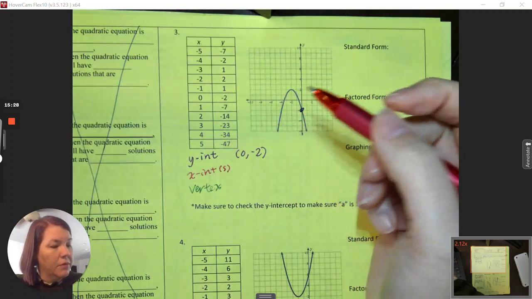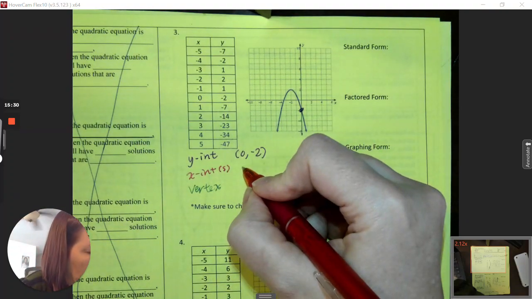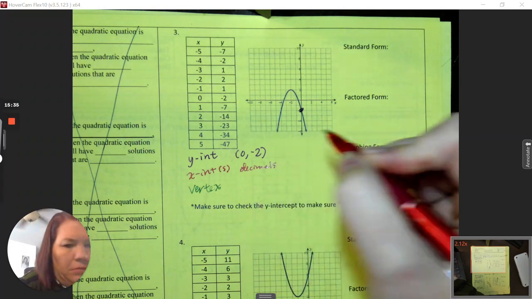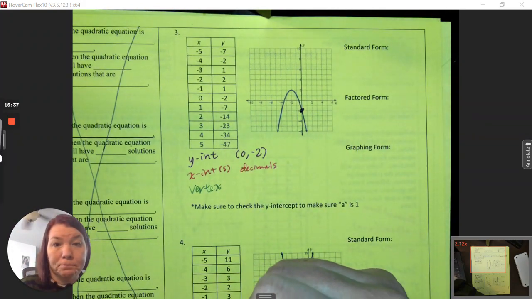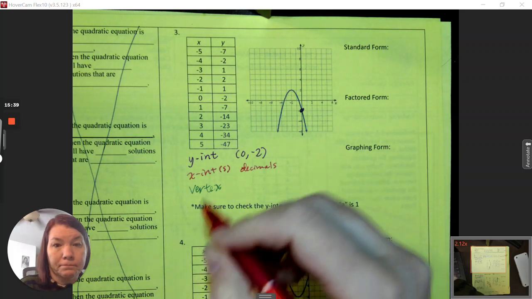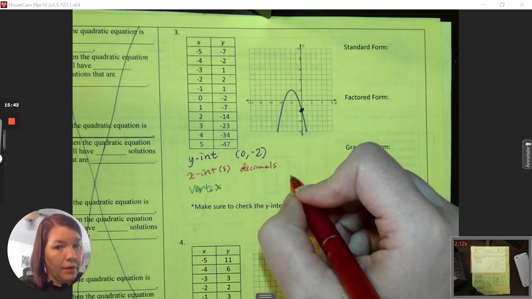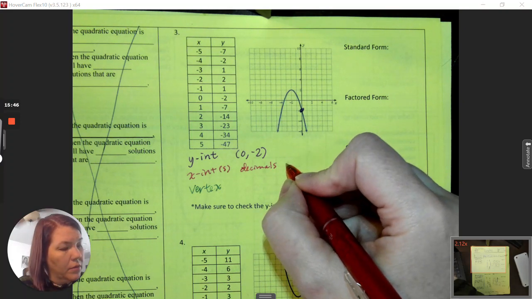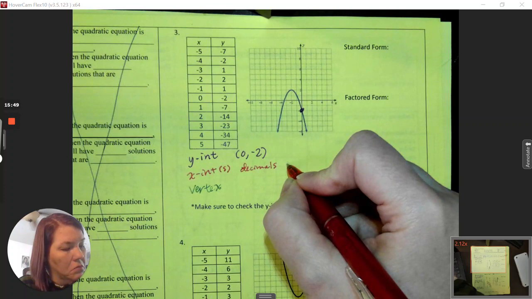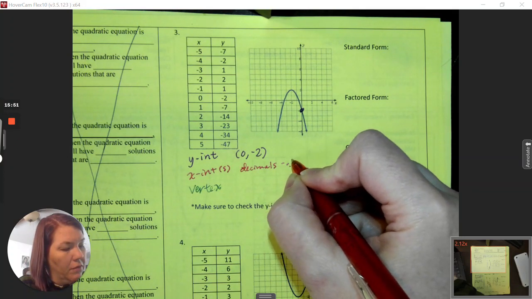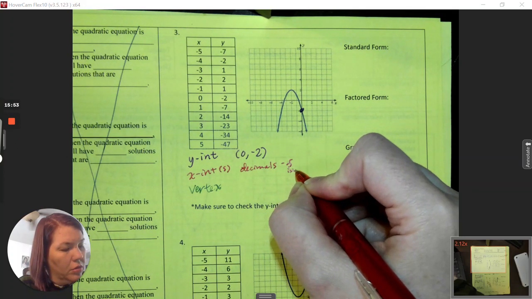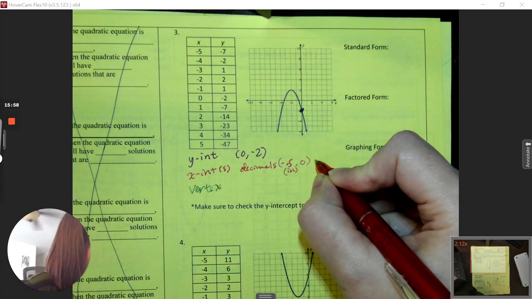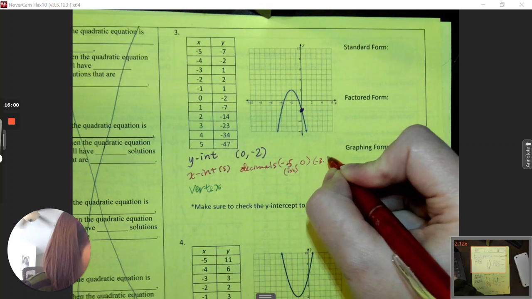X-intercepts. Oh, they're fractions. Do your best guess. -0.5-ish, comma 0, and -3.5.